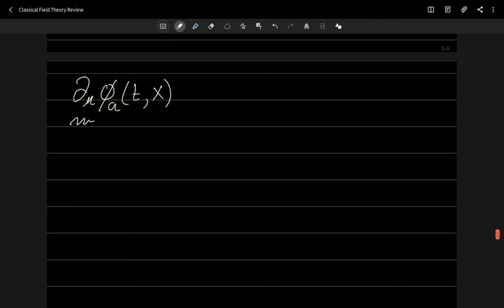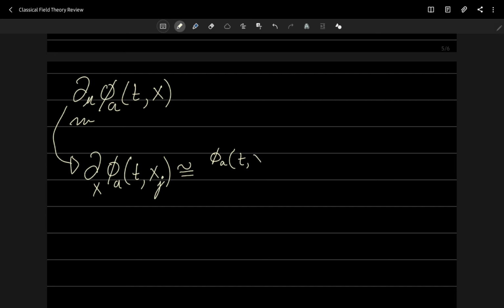Now if we apply Taylor's theorem, we get this: partial x phi a of t, x is approximately equal to phi a of t, x_j plus epsilon, that spacing that we talked about, minus phi a of t, x_j, over epsilon.